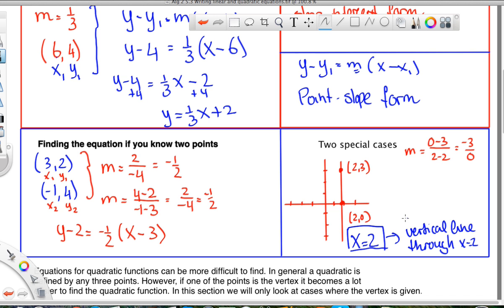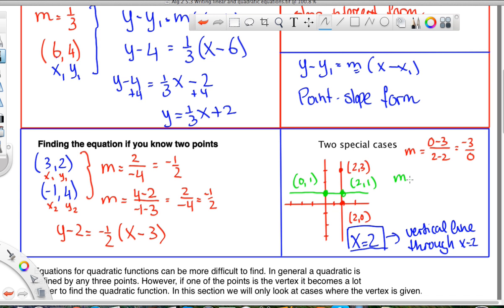Okay, let's look at horizontal. And then we'll do this one in green maybe. So let's say I have a horizontal line like this, and it goes through this point, and it apparently also goes through that point. So this point would be 0, 1, and then that point would be 2, 1.